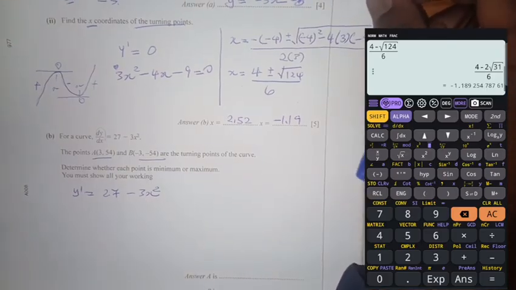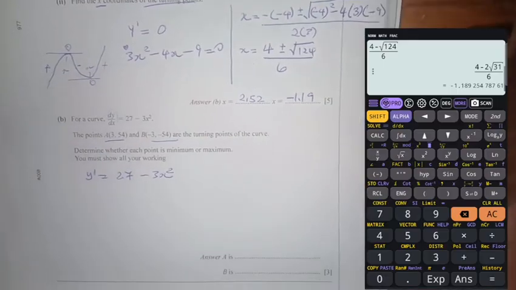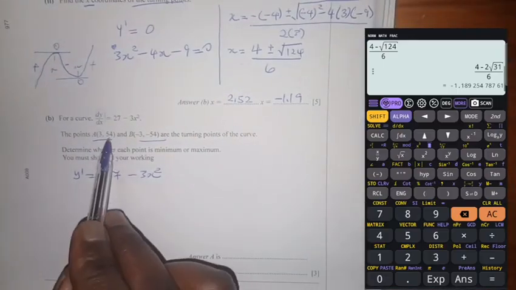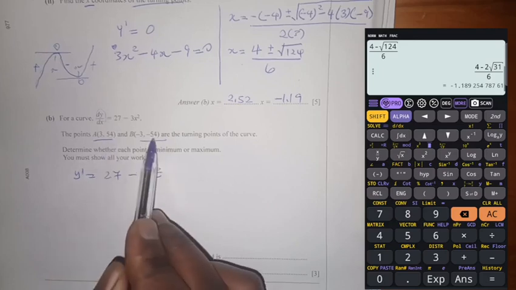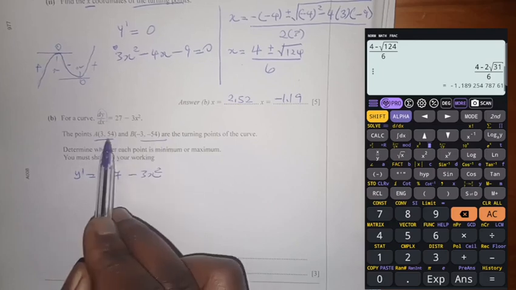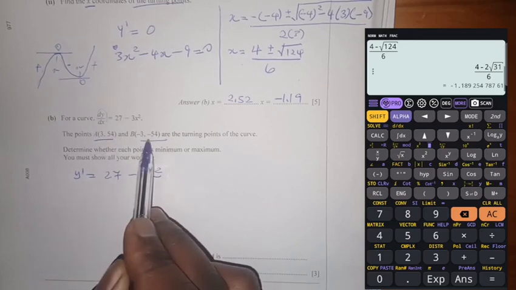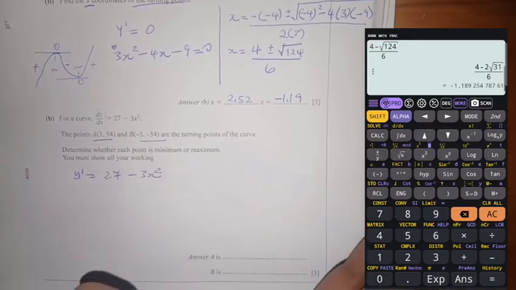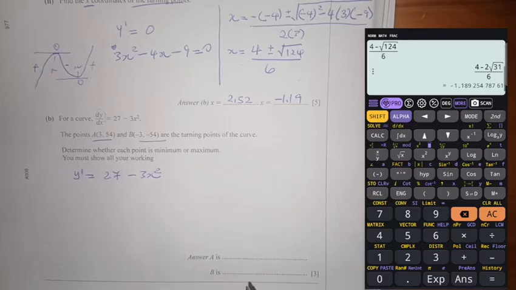Now, someone might try to act clever here and say, this is 54, this is negative 54, so this one is higher than this one. That's obviously correct. And then you might be tempted to, without even any working, just come here and write that A is a maximum, and B is a minimum. The working is not there.